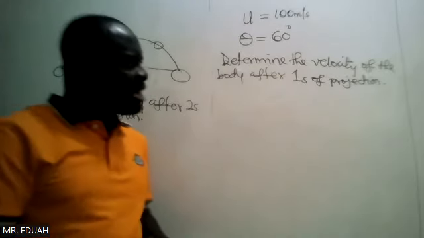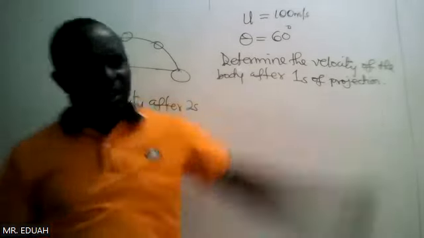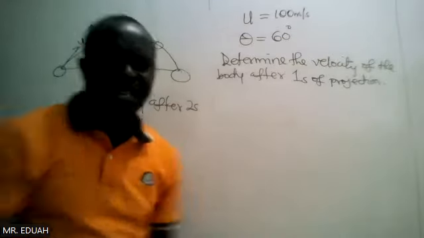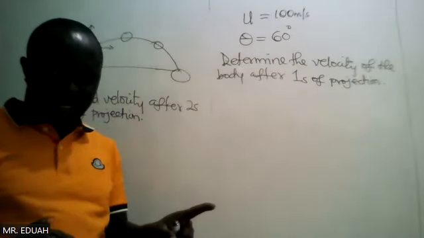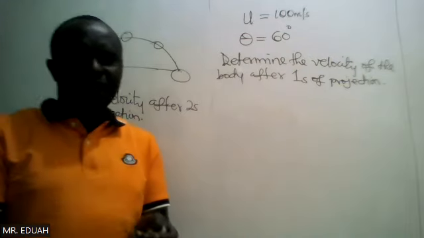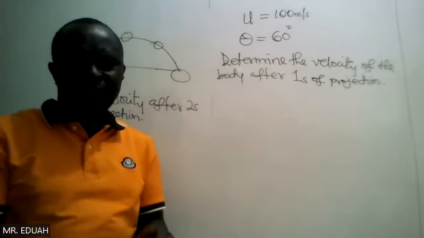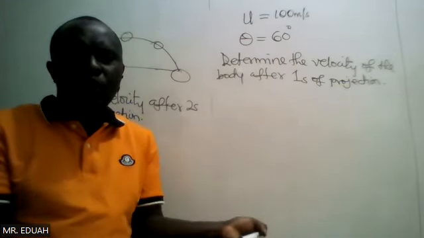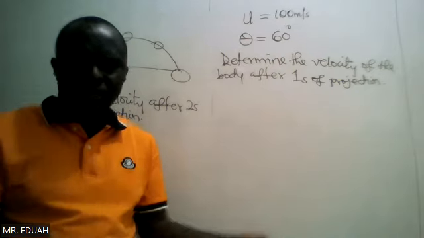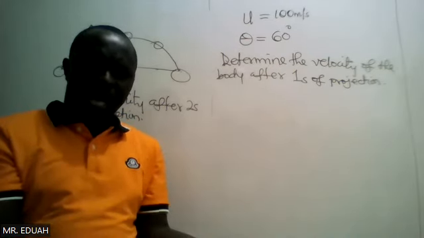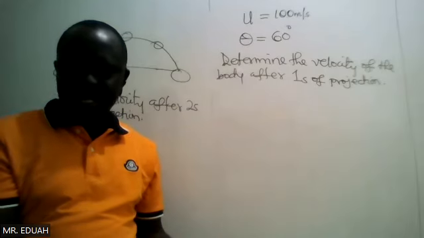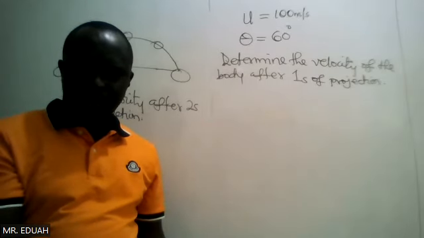You see, the question is to determine the velocity, but the question is not specific. Which of the velocities? We have horizontal velocity, we have vertical velocity. Here we are not so clear which of the velocities. Are you so clear with the question, class?